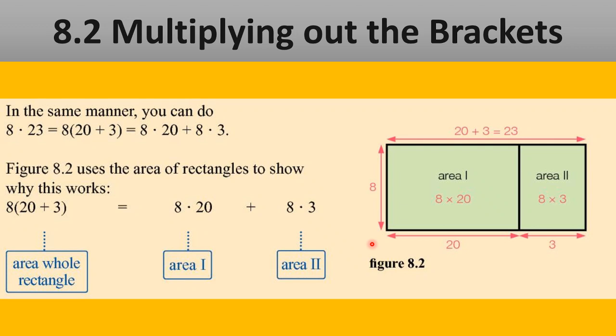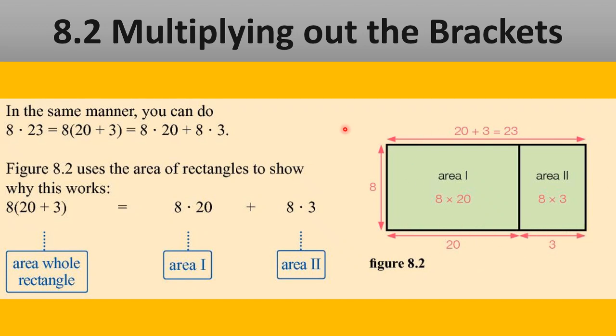Then they give you another practical example to take a look at this. If you have 2 areas like this, area 1 and area 2. They say, well, area 1 and 2 both have a width of 8. And they have a length of 20 for area 1 and 3 for area 2.